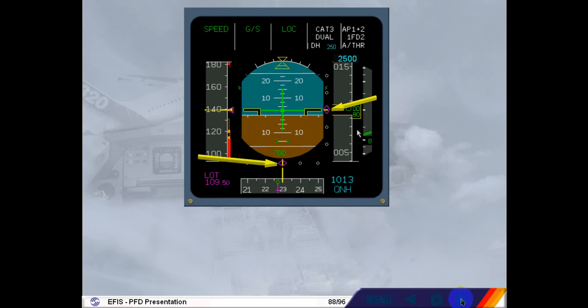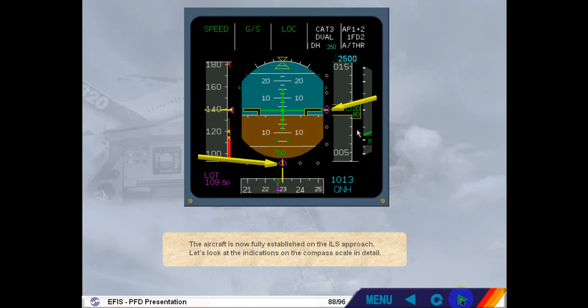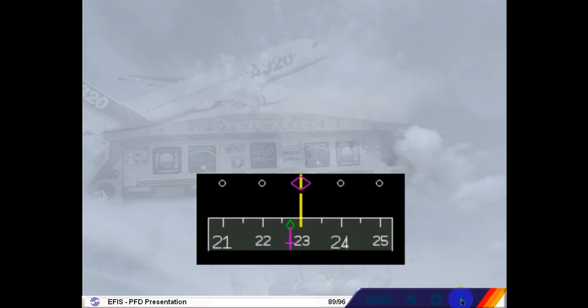Let's look at the indications on the compass scale in detail. With the aircraft established on the localizer, the heading is 230 degrees. The track diamond is showing 3 degrees of left drift. The ILS front course dagger is beneath the track diamond.